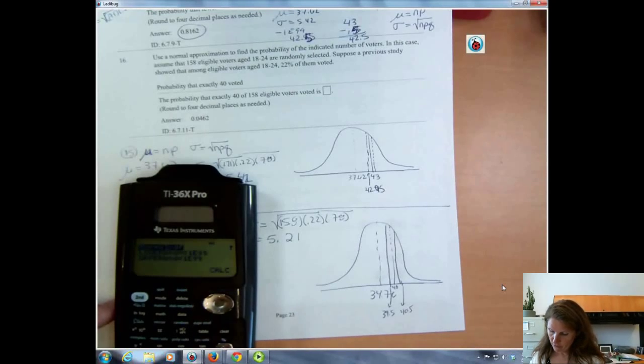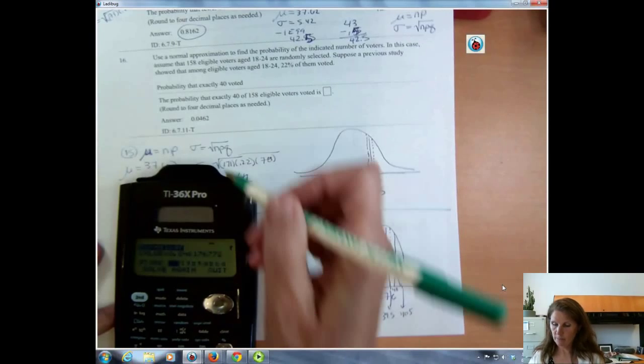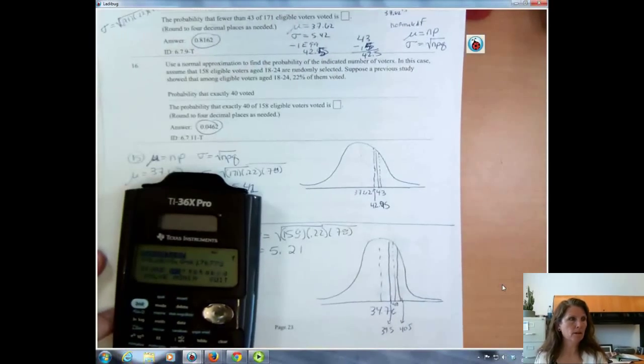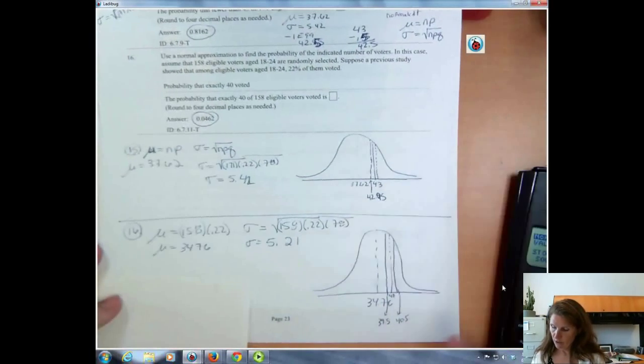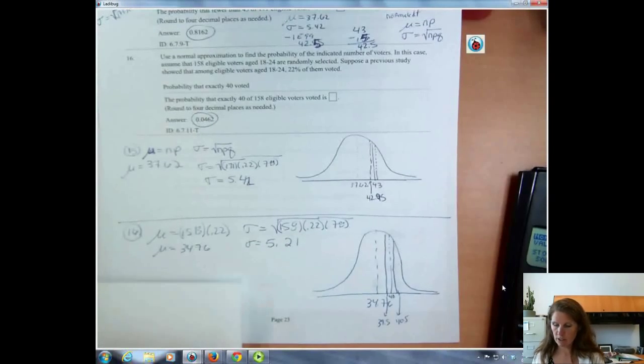Lower bound of 39.5, upper bound of 40.5, and 0.0462. Yeah, that's what we got. All right, so do that 0.5 thing on either side as you do that one.